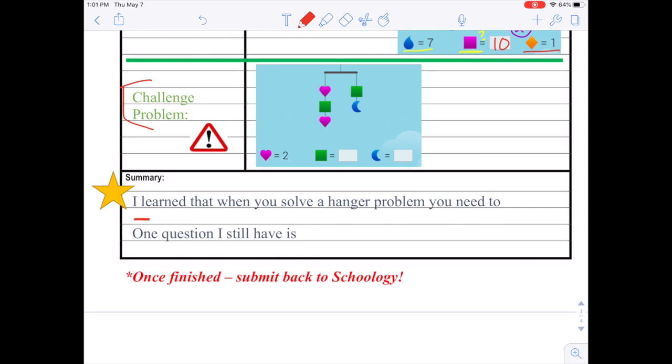Then one question I still have is, what's a question that you still have about what we talked about today with balancing equations? Okay, so maybe you think back to something that you learned with Mr. Joel being there, or something from today that you saw. What is a question you still have?